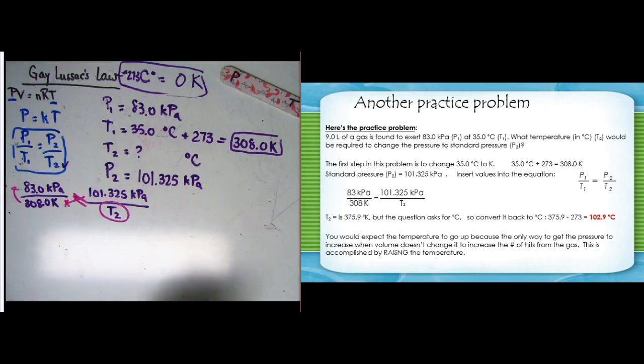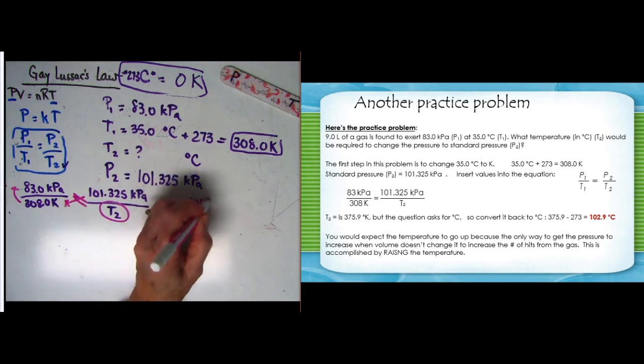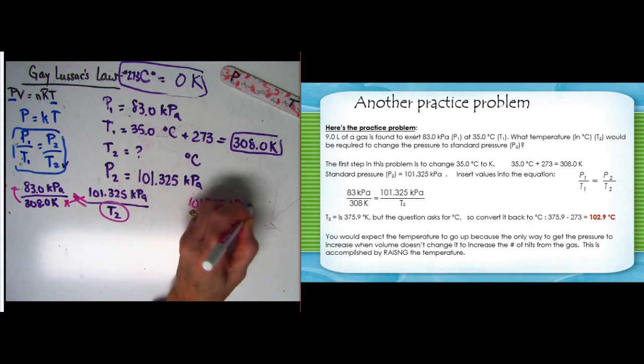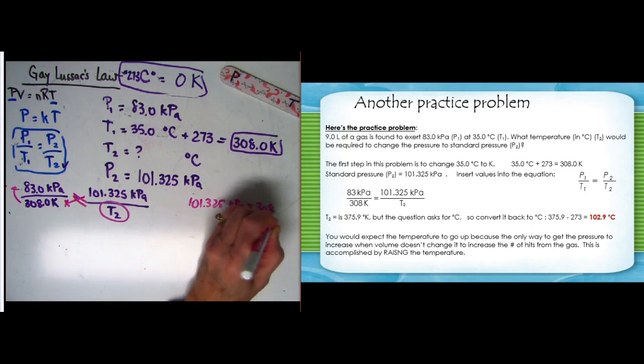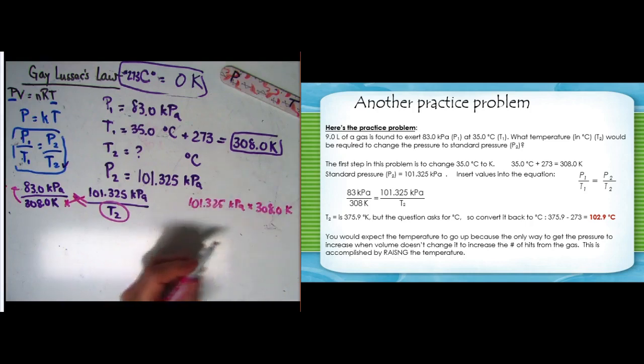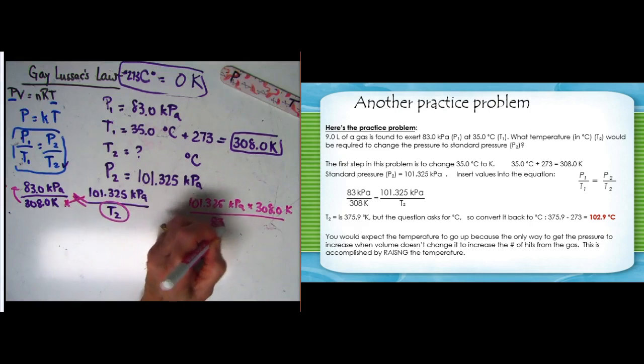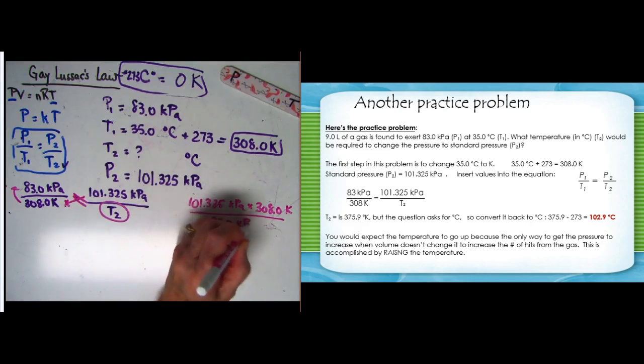All right, so let's just do that. I got 101.325 kilopascals times 308 Kelvin divided by 83.0 kilopascals.